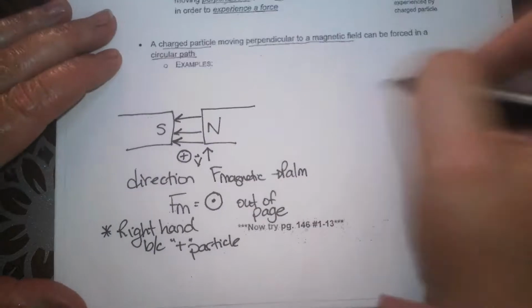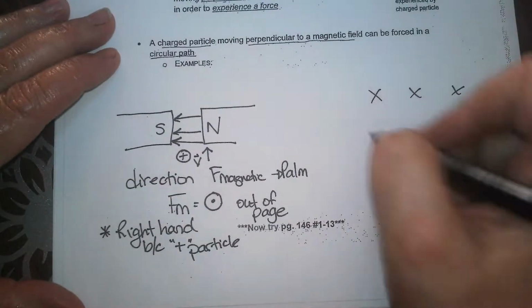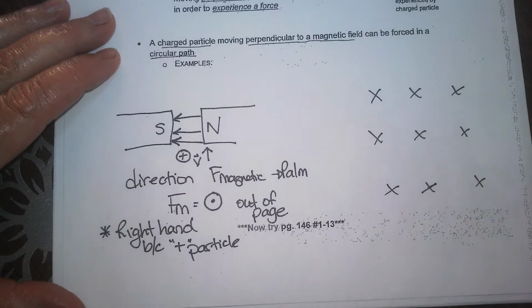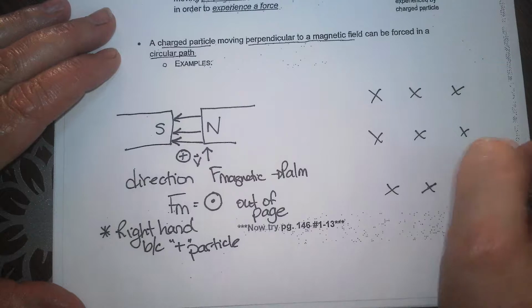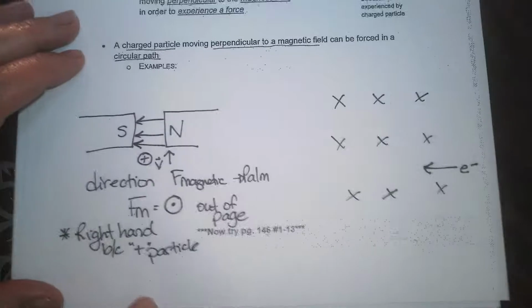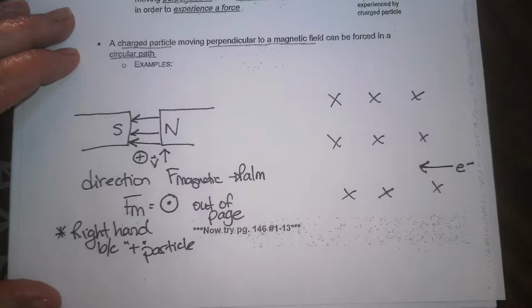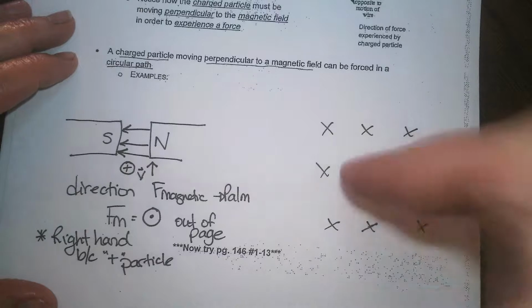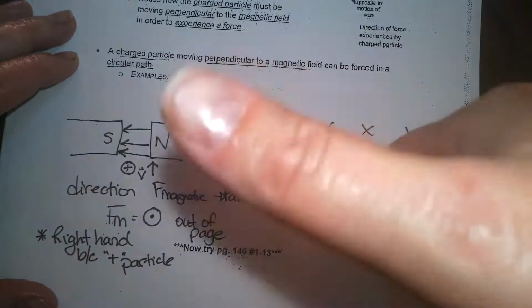Okay, here's another option. What do we know about this magnetic field? It's going into the page. As it comes in, so it's going into the page and the electron is moving this way.